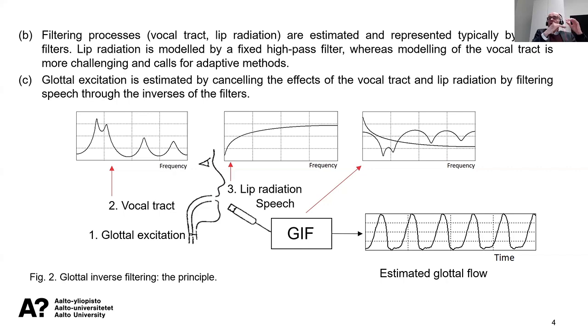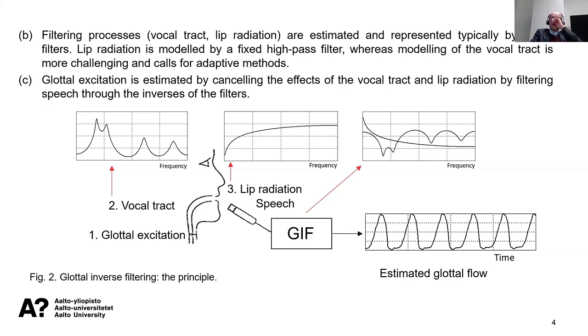So in summary, if you have a vowel R recorded with a good enough microphone, it is in principle possible to use inverse filtering to estimate the glottal source automatically and then to parameterize the glottal closure phenomenon with different parameters.